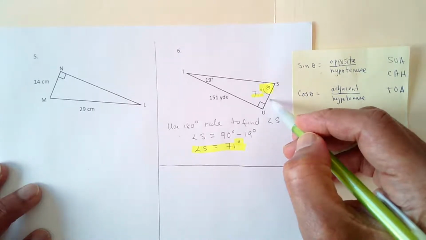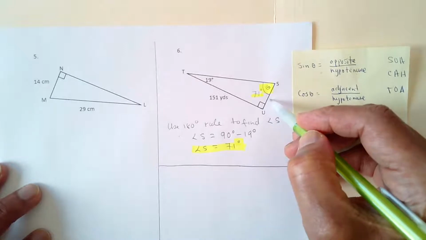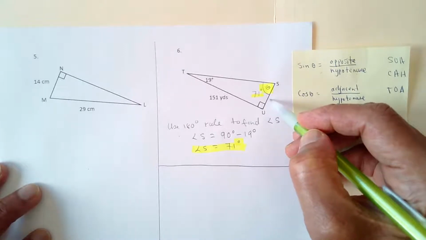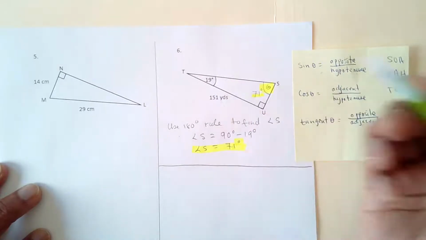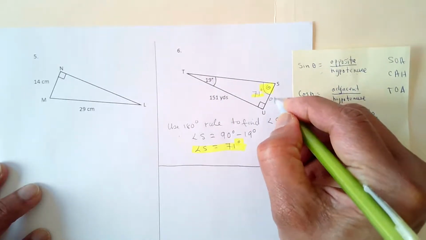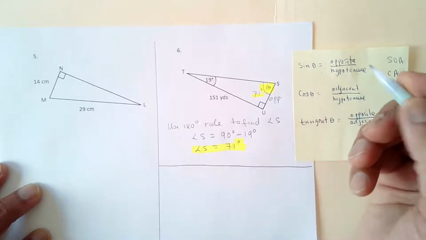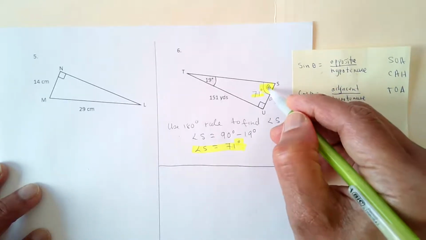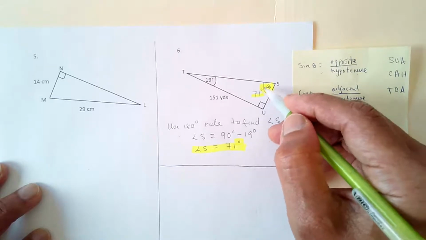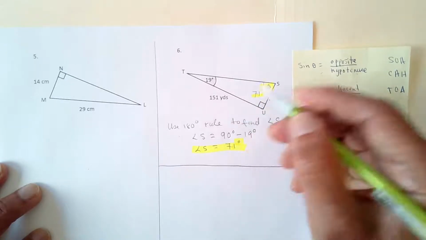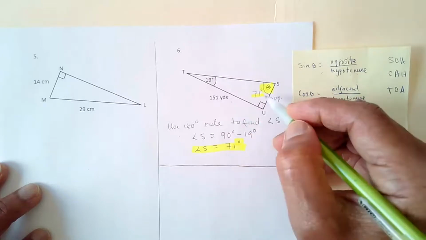side here. Now, next step we'll do is label the sides. I'll use this angle here as my reference angle. So this becomes the opposite side. Now, if you were to use the angle that we determined, then this will become the opposite side.